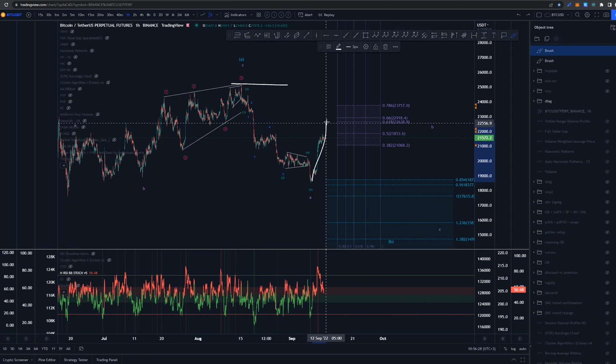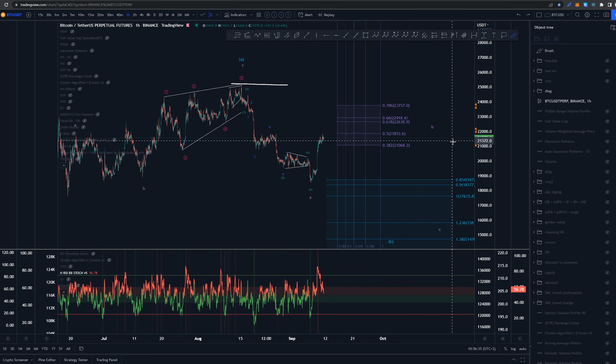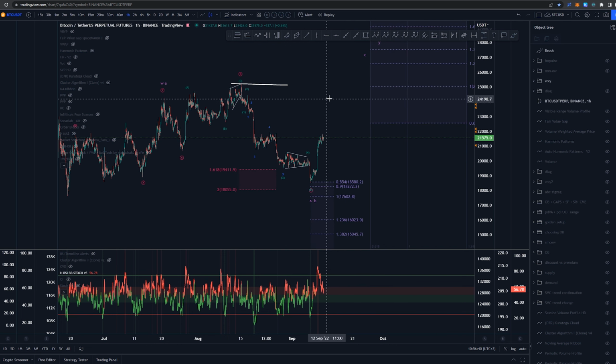So if we are getting that 3-way structure or 5-way structure here, we can definitely get rid of one of the counts. If, however, we are going to be continuing down, then we don't really have that luxury as of yet.